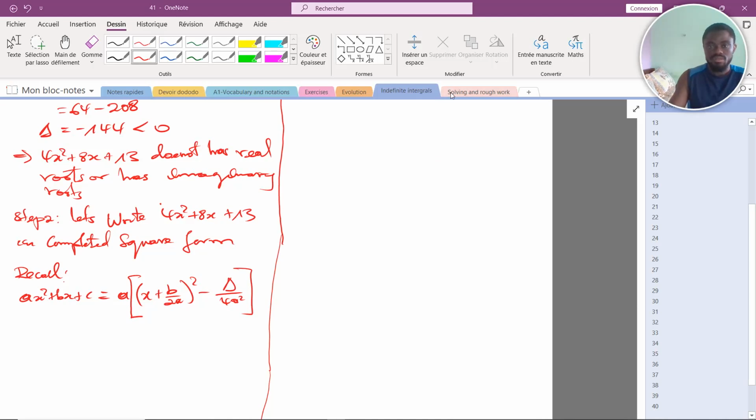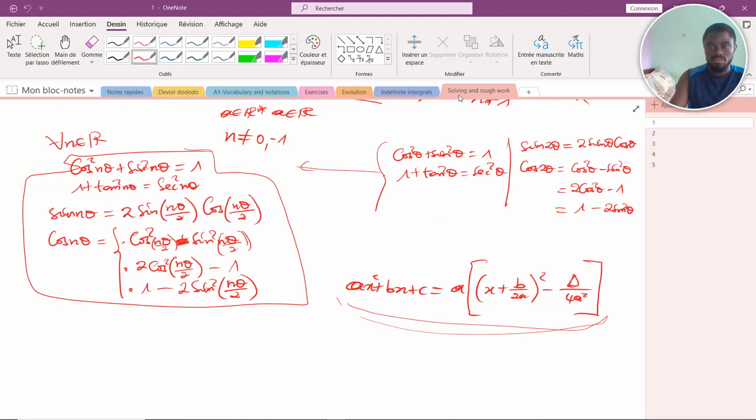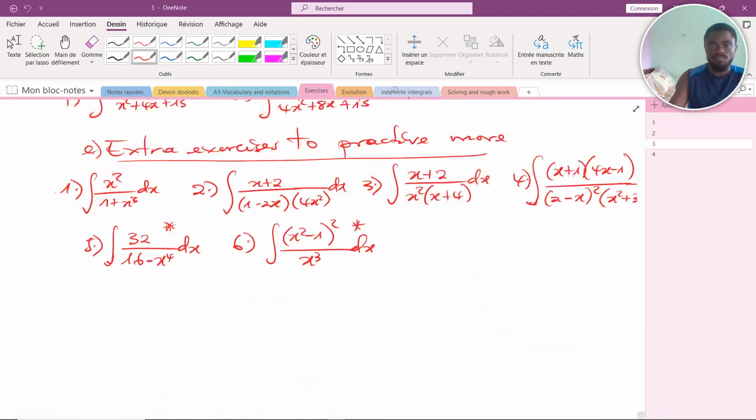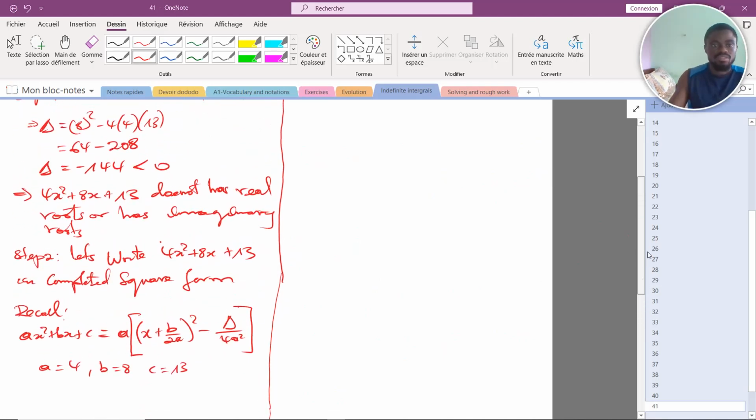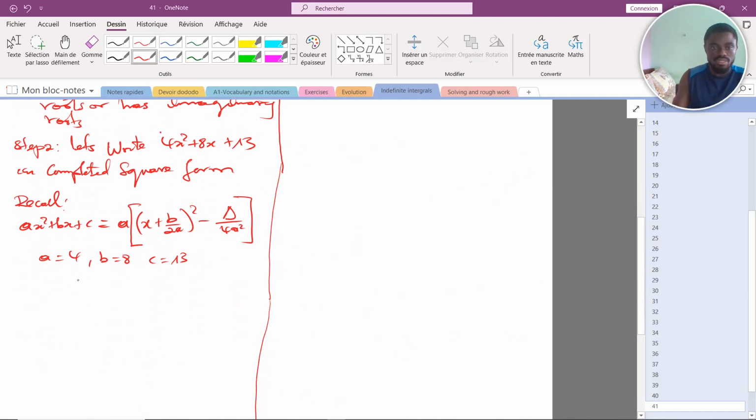Let me check, I hope I did it exactly. So we have our formula. We know that a is 4, b is 8, and c is 13, and we've already calculated the discriminant: delta was equal to minus 144. Okay, very good.